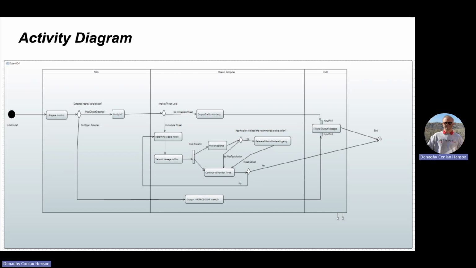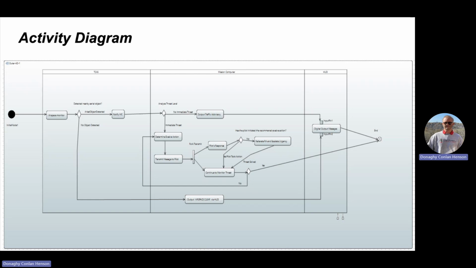If there is an immediate threat, the next course of action is reaching the behavioral block for determining evasive action. Then that signal is transmitted to a behavioral block called transmit message to pilot. That signal is transmitted to a fork, where the signal is forked into two parallel signals.